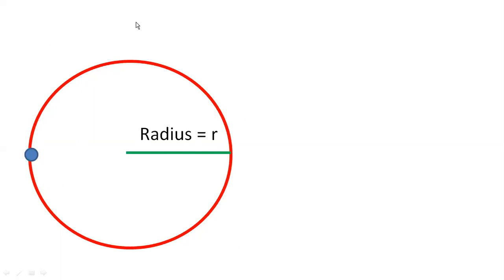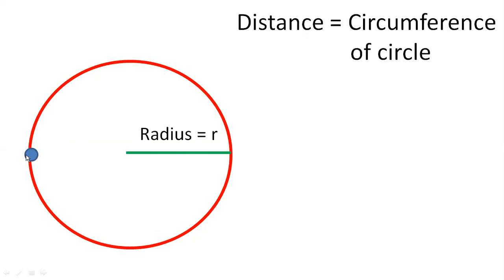You know this formula from 7th grade: the circumference of a circle is 2 pi r. So in circular motion, distance has to be calculated with the formula 2 pi r. That is the formula.